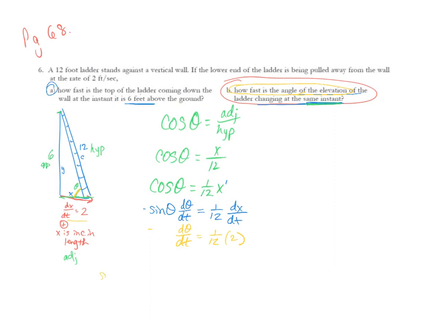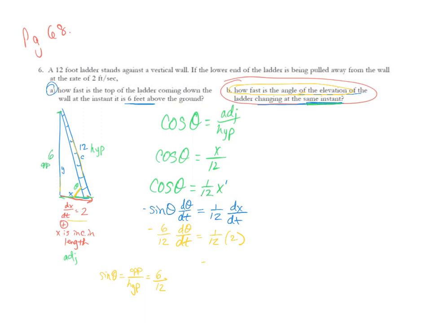Sine of some angle is the opposite side over the hypotenuse. Well, what's the length of the side opposite theta? Well, that's over here, your 6. And what is the length of the hypotenuse? That's over here, 12. So I actually can replace sine theta with the opposite of that angle measure divided by the hypotenuse of that angle measure, which is 6/12. We cannot forget about that negative sign, though, that was in front of sine.